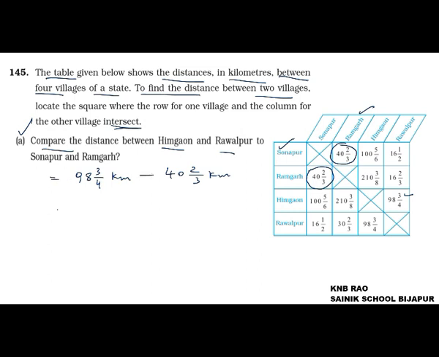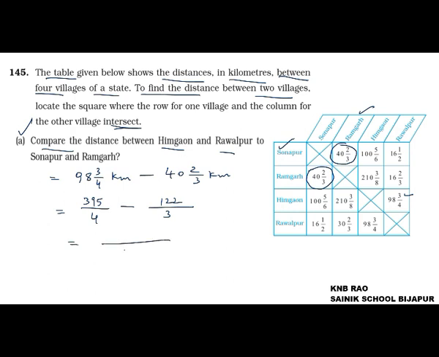So if you want to find how much more, first convert the mixed fraction into an improper fraction. So 98 fours are 392 plus 3 is 395 kilometer, minus 40 threes are 120 plus 2, 122 by 3.